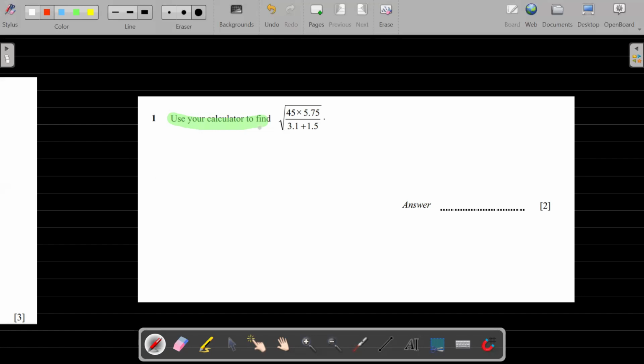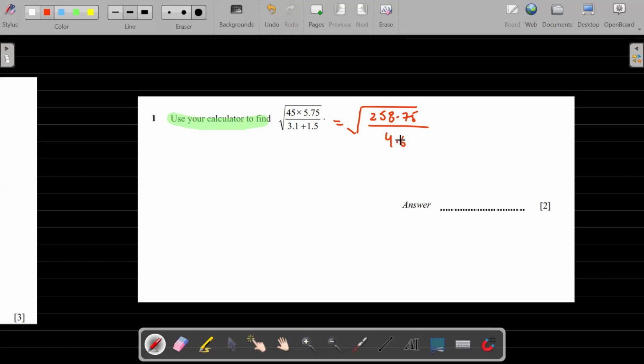Okay, after multiplication. So actually it is worth 2 marks, so you are not going to solve this in single step. What will you be doing? You will do this in few steps, at least 2 or 3 steps. First, you will be multiplying 45 with 5.75. You will be getting your answer as 258.75. Then you will be adding up 3.1 plus 1.5, which will be 4.6.